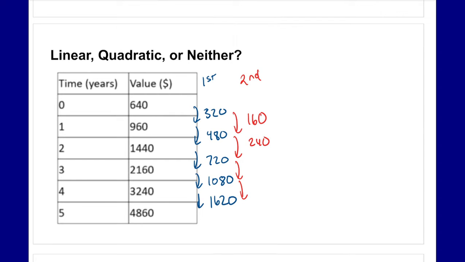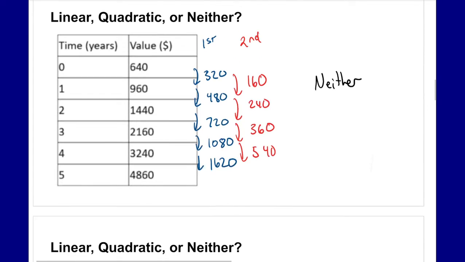So we don't really need to complete the last two, because if the first two aren't the same, then the last two aren't going to be the same either. It's already broken the rule of being quadratic. So in this case, it would be neither. So it's neither linear or quadratic.